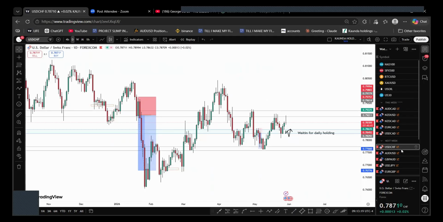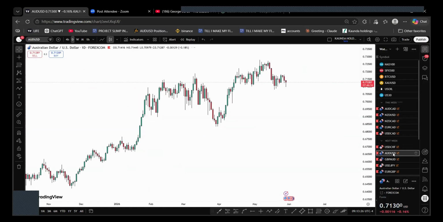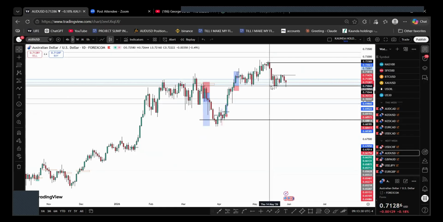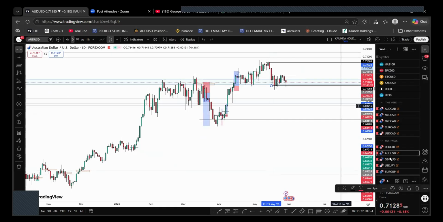USDCHF, I need price to come back here as well. AUD price almost gave me my lower low. I need it here. Just need that lower low.